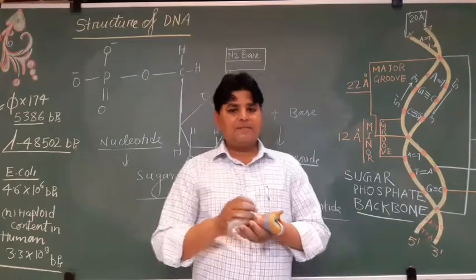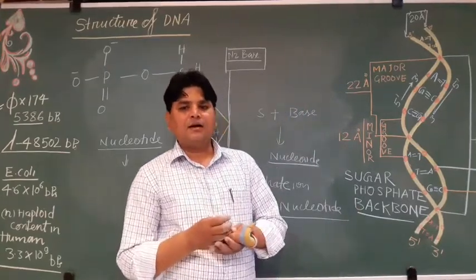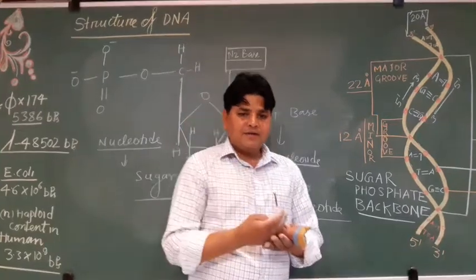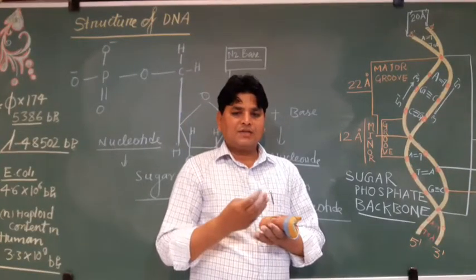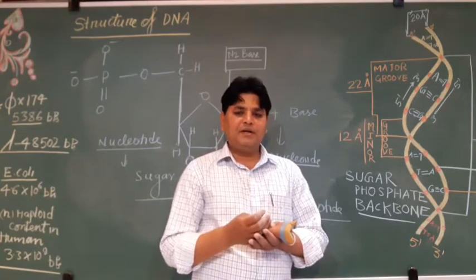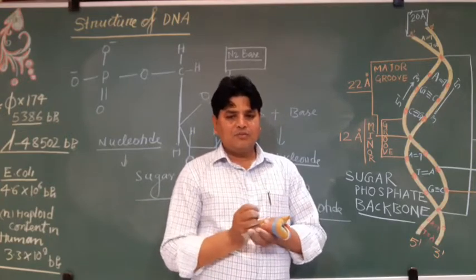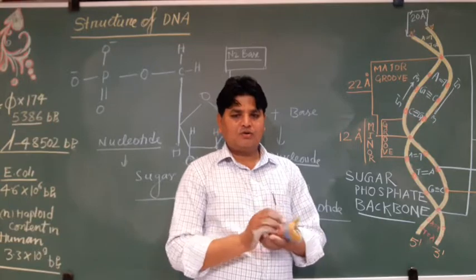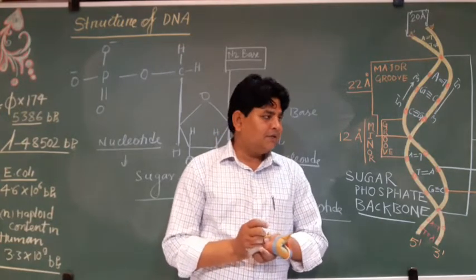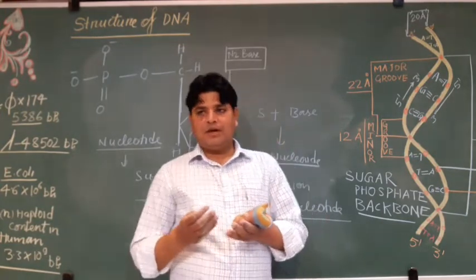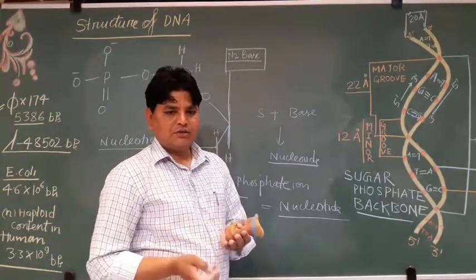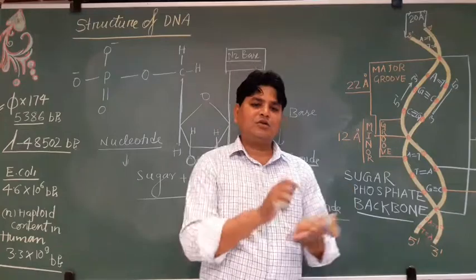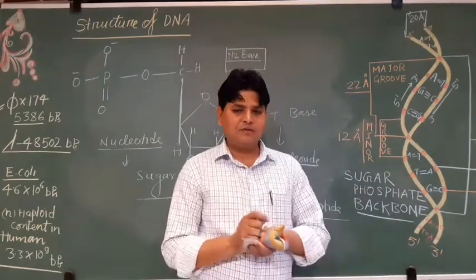The third one is that the bases in the two strands are paired through hydrogen bonds, such as adenine to thymine with two hydrogen bonds, and guanine to cytosine with three hydrogen bonds, represented by dots.